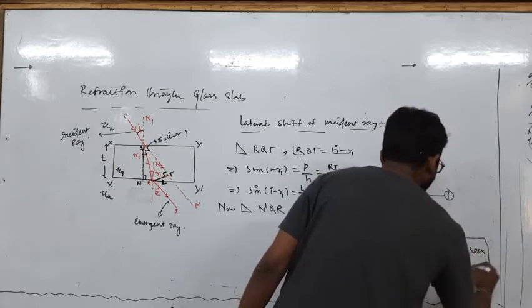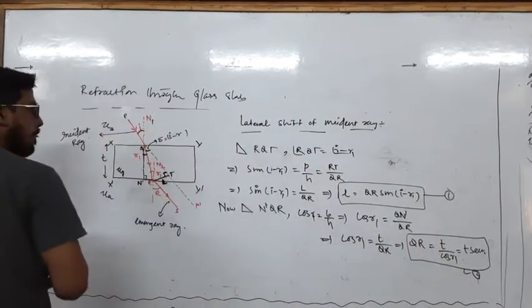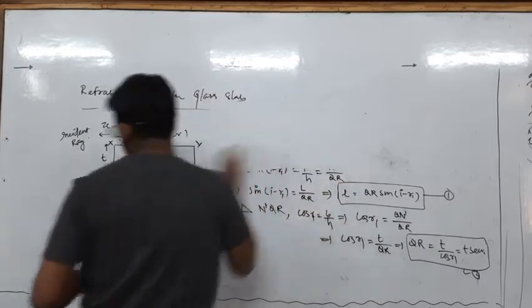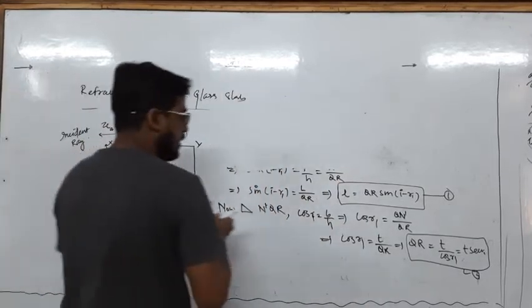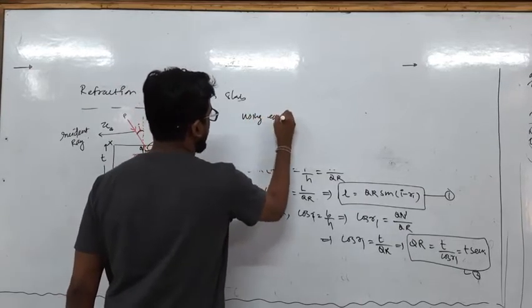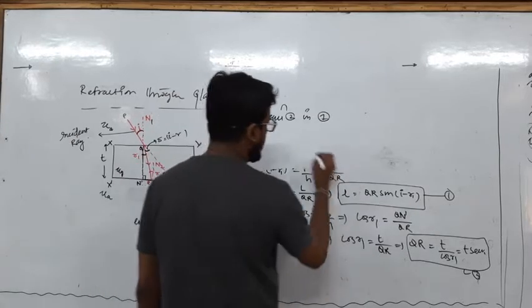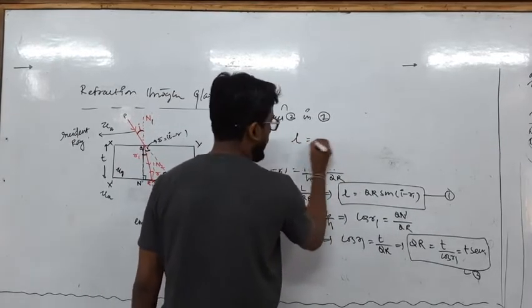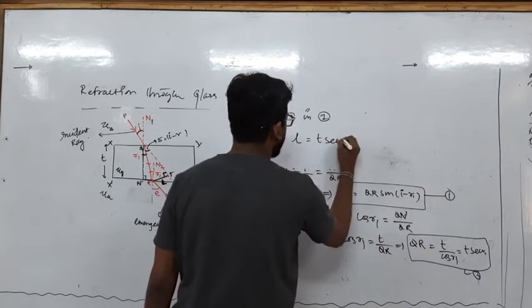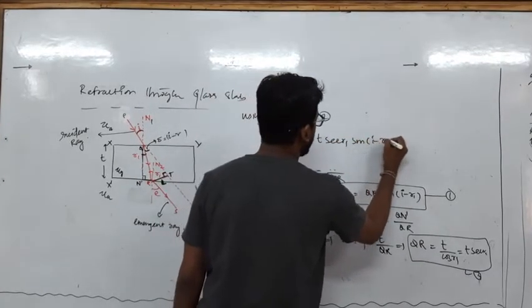Let it be equation 2. Now using equation 2 in 1, we get L equal to, in place of QR, T sec R1, so T sec R1 sin(I minus R1).